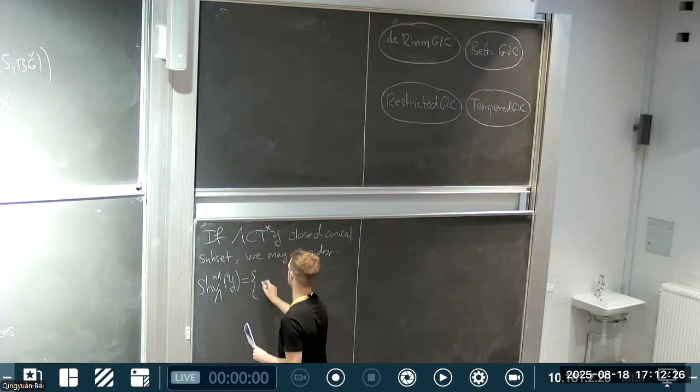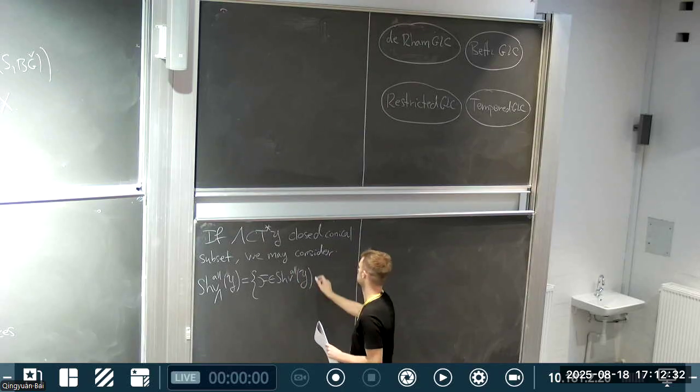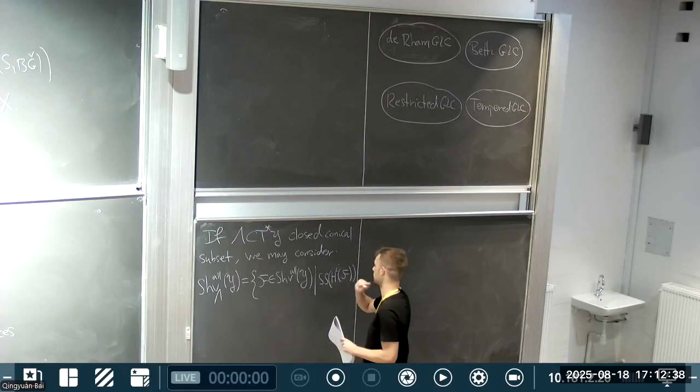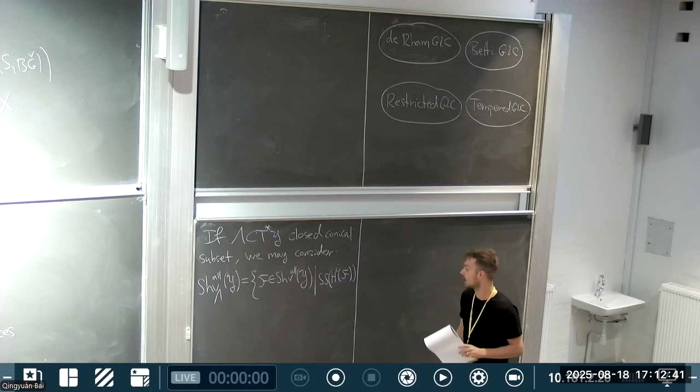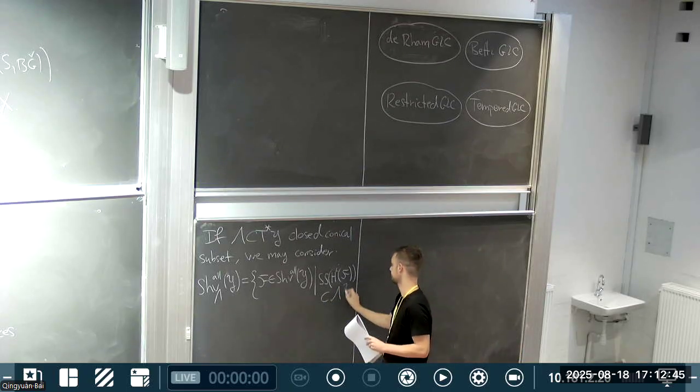So this is the category of sheaves on Y such that the singular support of each homology is contained in Lambda.